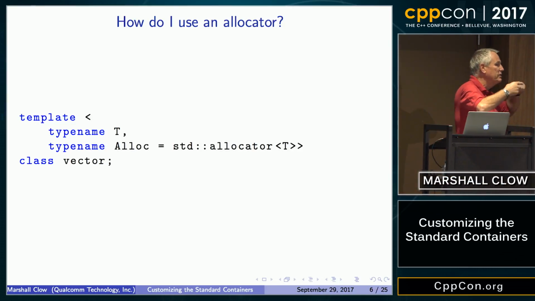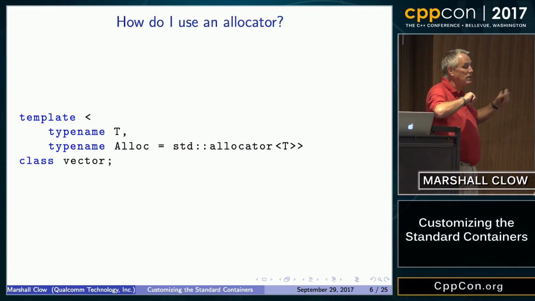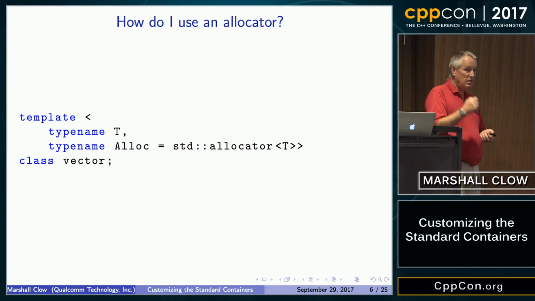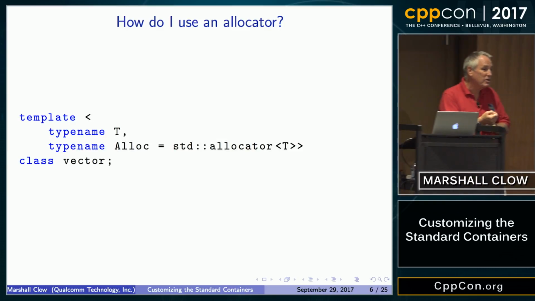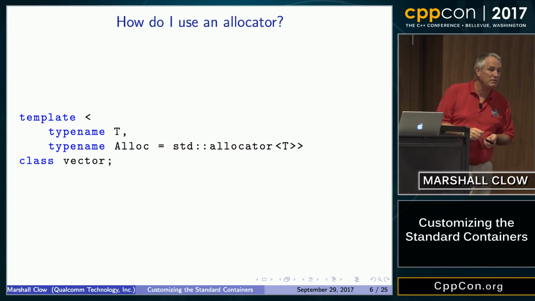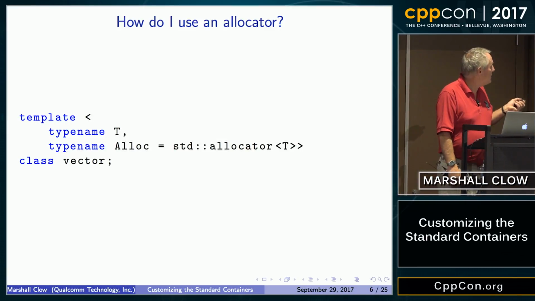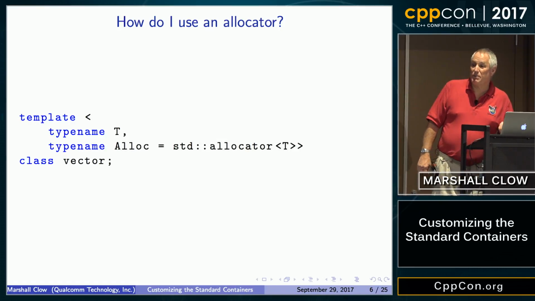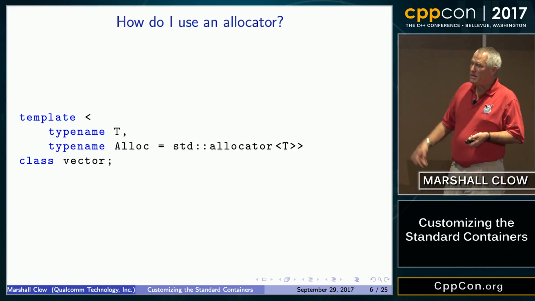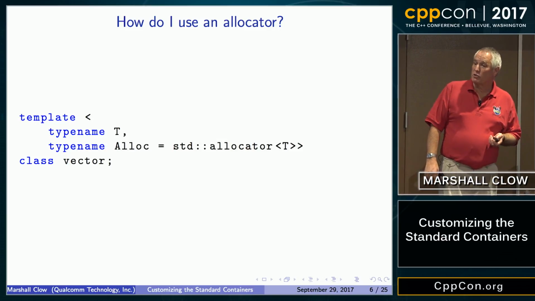You want to be really clear about the difference between specifying a type here and specifying an allocator instance in your containers. Most of the time your allocators will be default constructed because that's what people are used to, but they don't have to be. Anyway, so we want to keep the distinction between the type and the actual instance clear. And that will be true actually for the comparators and the hashers too.